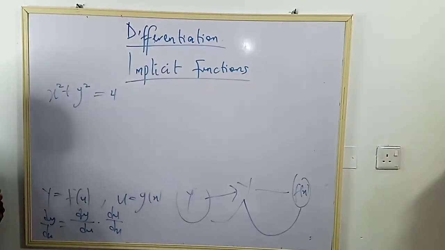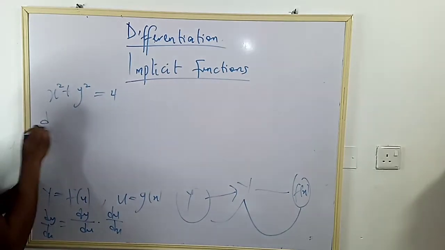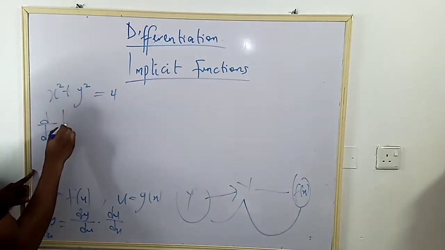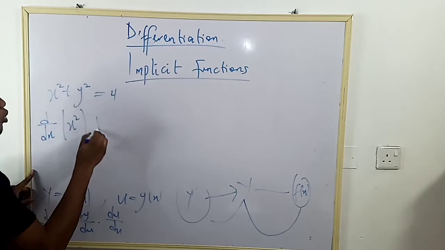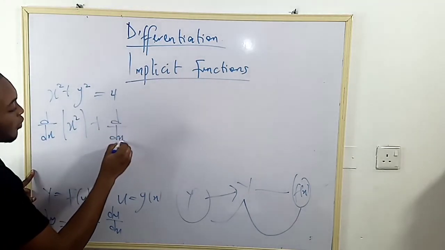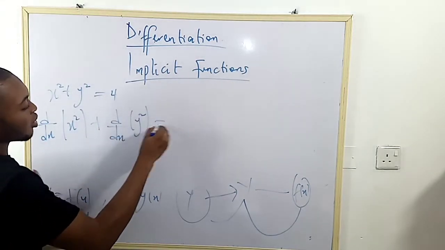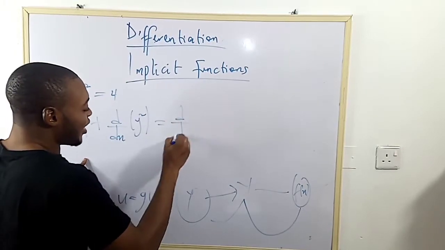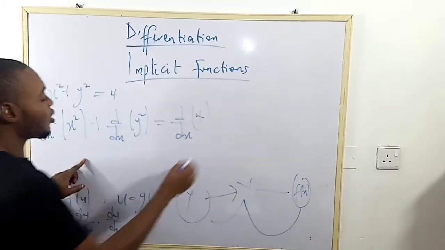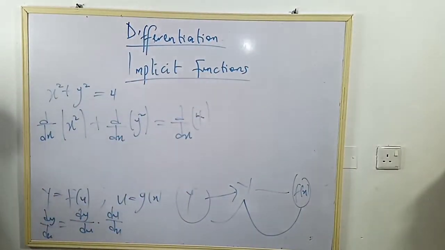To find dy/dx, we differentiate with respect to x. That means I want to find d/dx of x squared plus d/dx of y squared equals d/dx of 4. I'm going to differentiate all of this with respect to x.